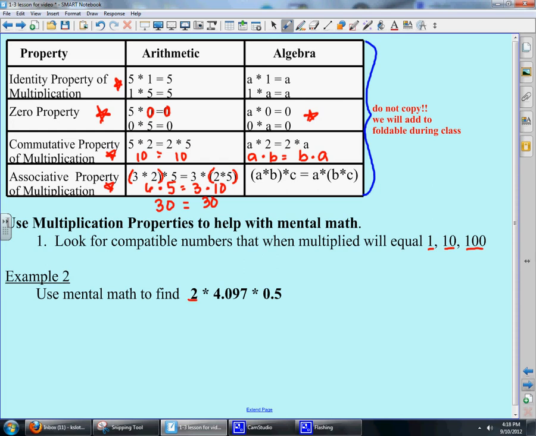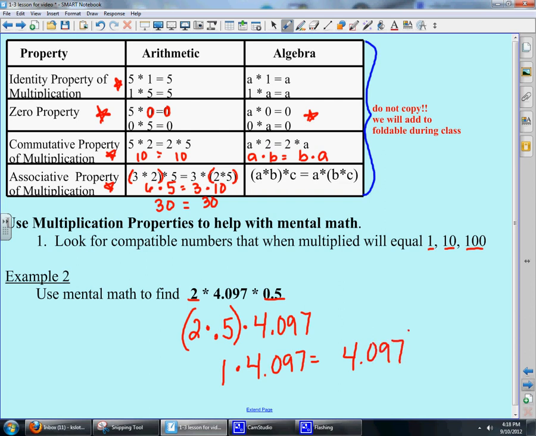So when I look at this, I see that 2 and 0.5, they're going to give me the number 1. So I'm going to want to multiply those together first. So if I multiply 2 times 1/2 times 4.097, I multiply these together first, and I get 1, and then 1 times 4.097 is 4.097 because 1 times any number is that number.